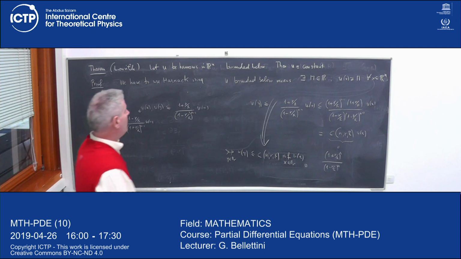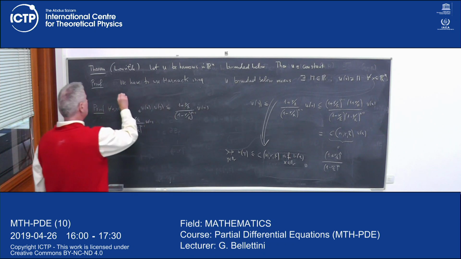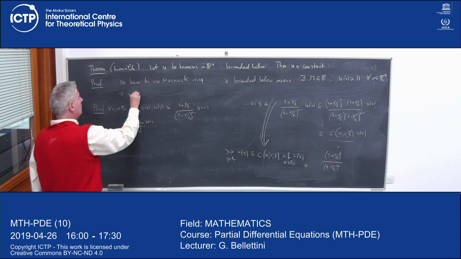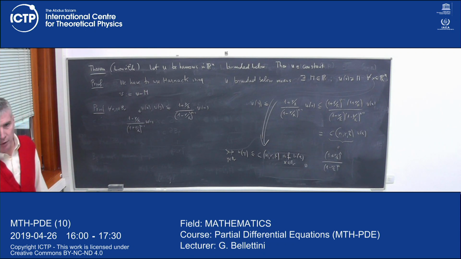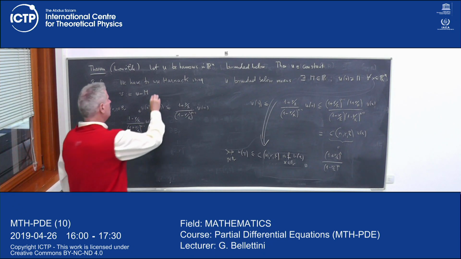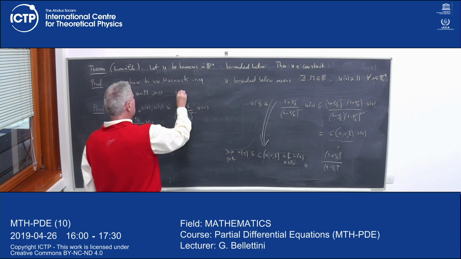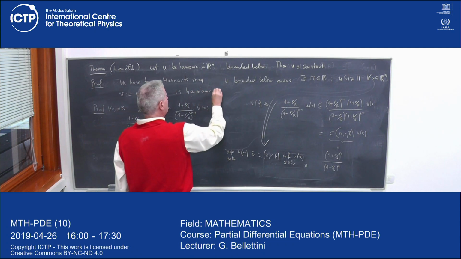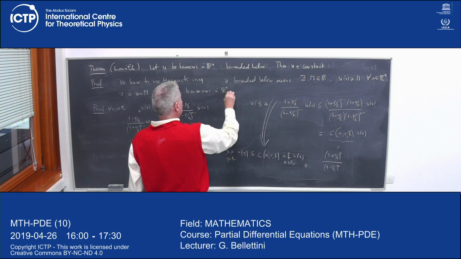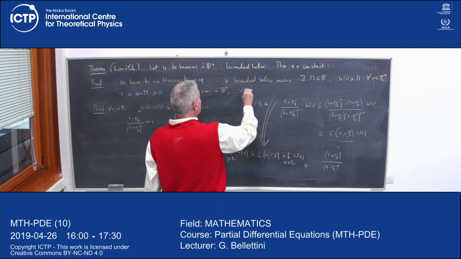Exactly. So why don't we take v equal u minus m. Now this is harmonic in Rn and v is larger or equal than 0.